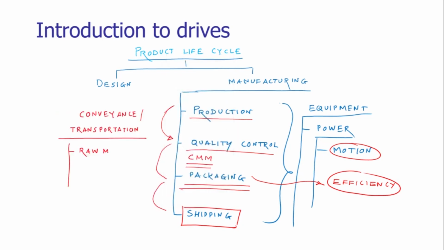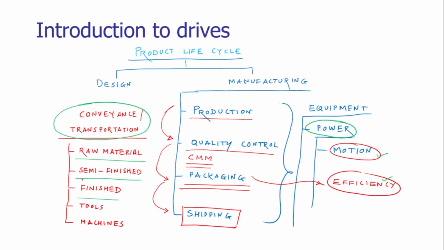That means the conveyance and transportation of raw material, semi-finished goods, finished work parts, tools, and machines. So we need certain systems which provide the power for the transformation of the raw material into semi-finished or finished product. We need the relative motion between a variety of elements.